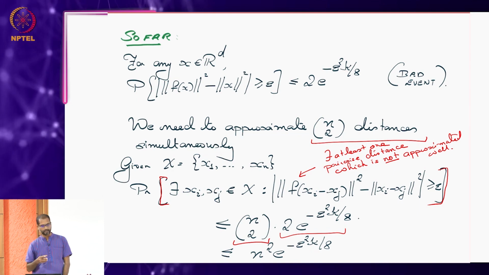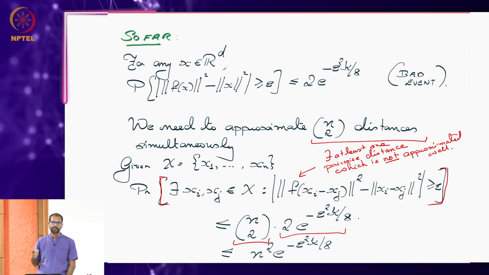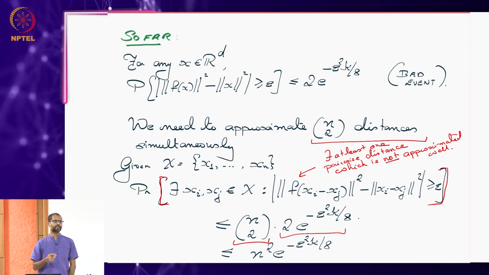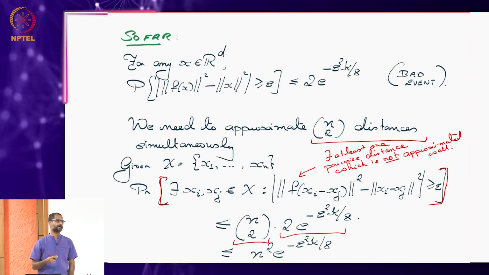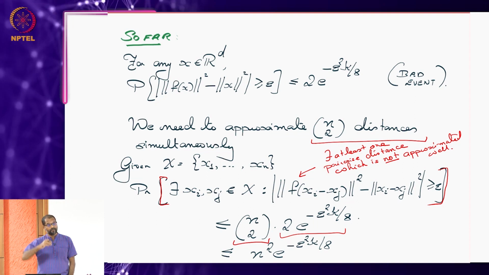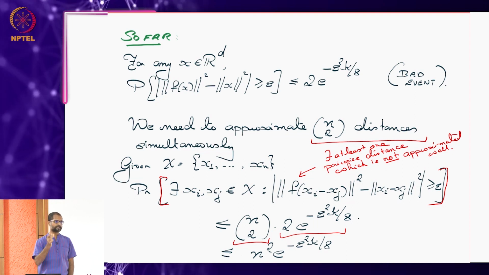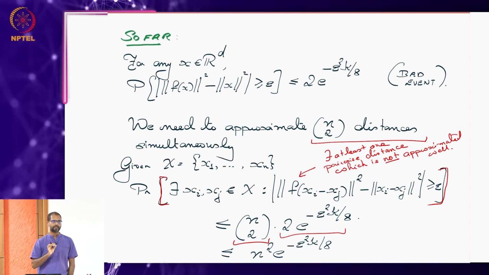So, that is what we are analyzing. What is the complement of this event? This event is the event that at least one pairwise distance is approximated badly. What is the complement of that event? Yes, every pairwise distance among pairs of points in your data set is approximated well. That is our final goal.